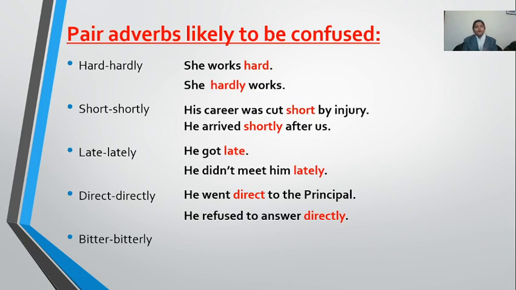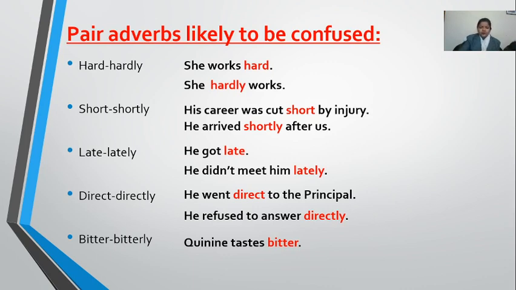Okay, now bitter and bitterly. The onion tastes bitter. Bitter we know, like bitter gourd, neem. How do they taste? Bitter. So bitter is the quality of taste, it tastes bitter.